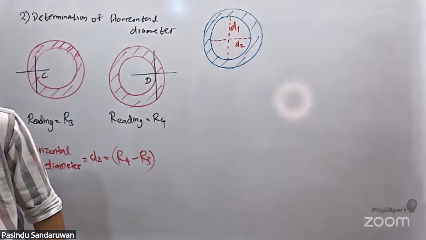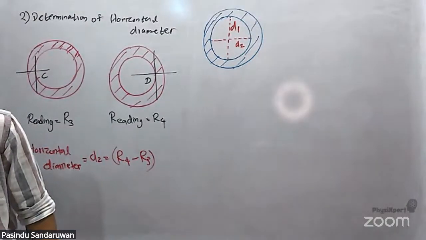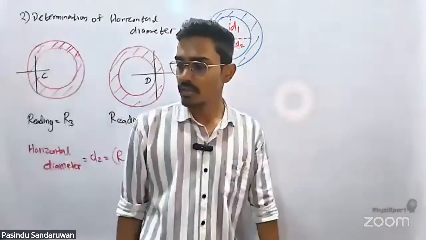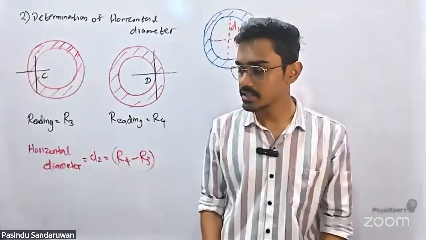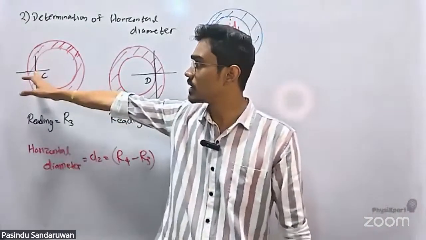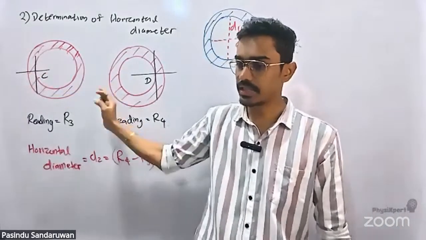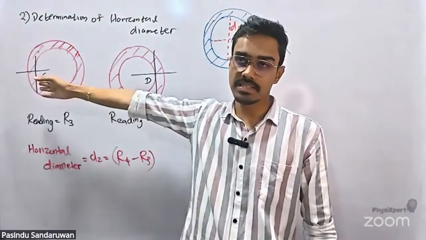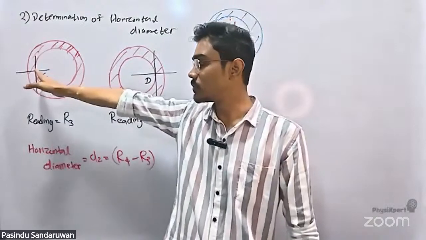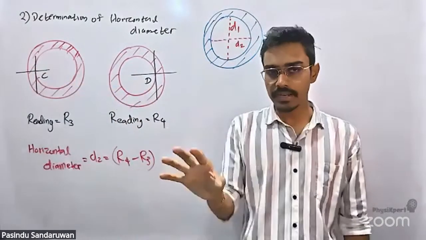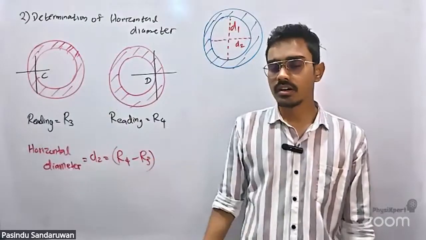Okay, next point. So should it be R3 minus R4? No. If I'm moving from left to right, 0 is towards the left side, so it will be R4 minus R3. Simply, once you have these values, no need to get confused.